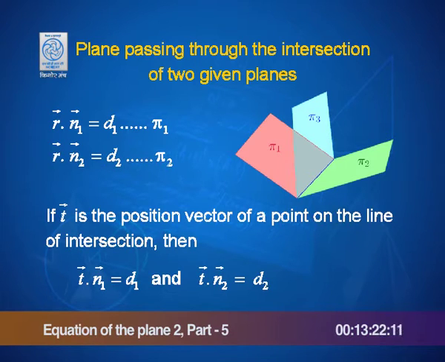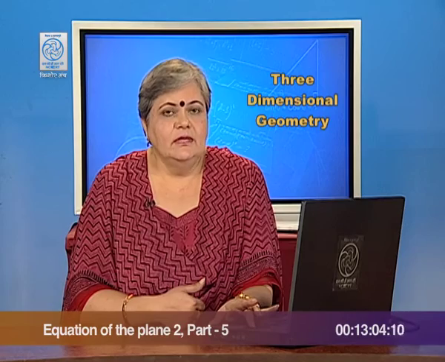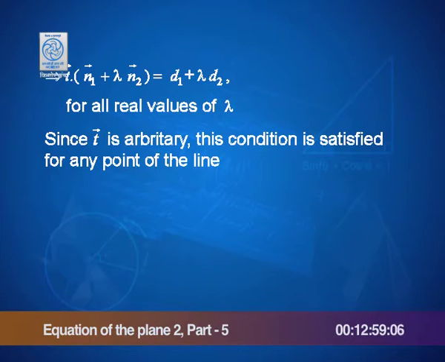In other words, if I take t dot n1 vector plus lambda, where lambda could be any real number, times n2, it must be equal to d1 plus lambda times d2 for all real values of lambda. Since I am interested in finding the equation of the plane which passes through the intersection, and t is the position vector of any arbitrary point on this line, this condition has to be satisfied by all points that lie on the line of intersection.